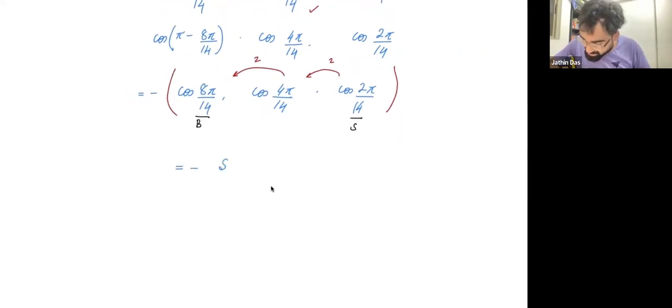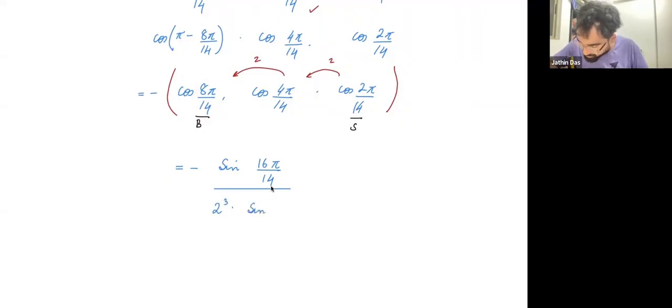So minus sine 2 times the biggest angle, so it will become 16 pi by 14, twice of 8 pi by 14, divided by 2 raised to 3, because only 3 terms are there, into sine of the smallest angle, pi by 14. So this will be minus sine 8 pi by 7 divided by 8 into sine pi by 7.